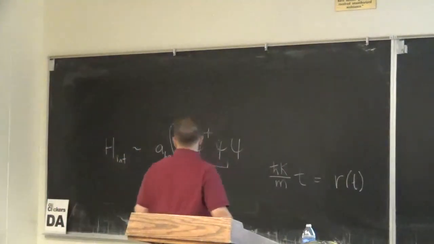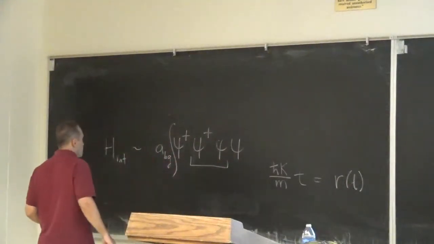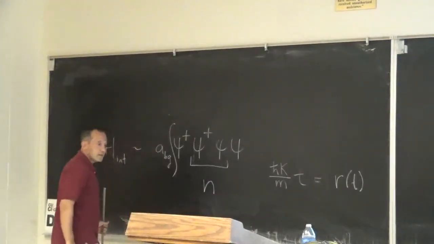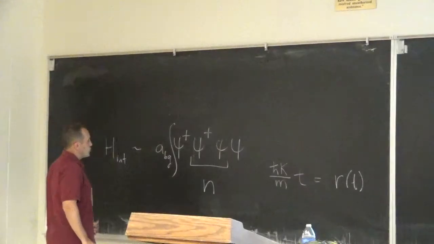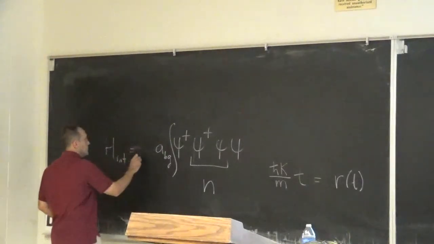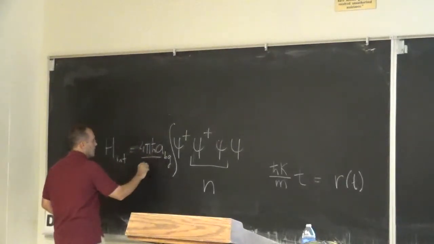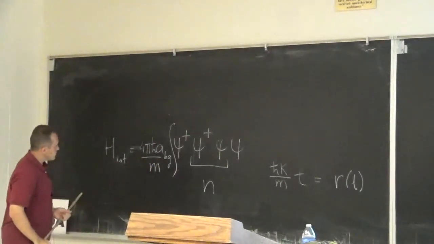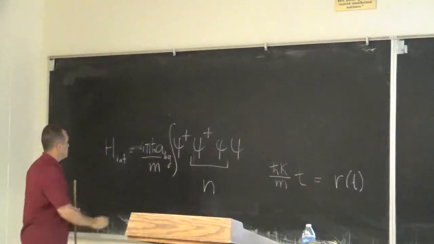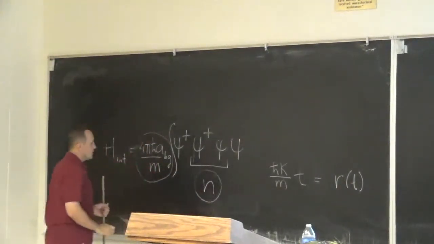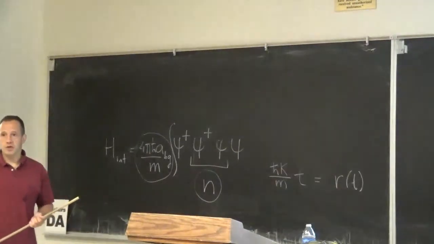Okay, and so you can see that here already. This is density, and if I compare this to the kinetic energy, and if I restore units here, there's 4 pi h bar over m. So this times the density in 3 dimensions is energy.